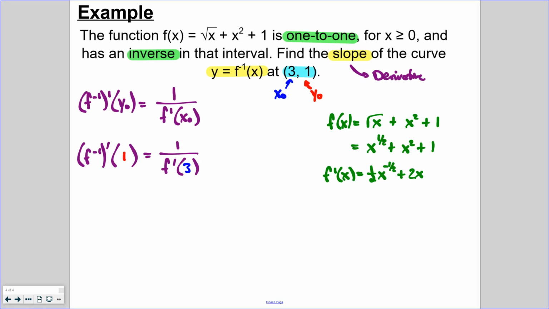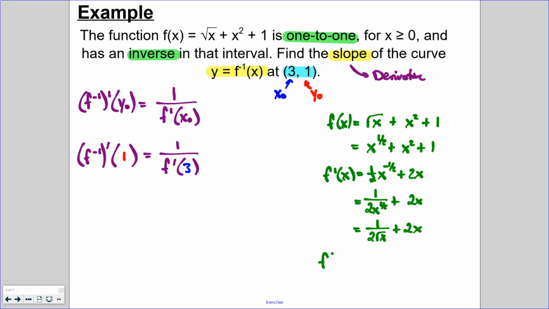Now, just like the previous examples, we do want to get rid of that negative exponent. So we can rewrite this as being 1 over 2x to the 1/2 power plus 2x, or 1 over 2 radical x plus 2x.